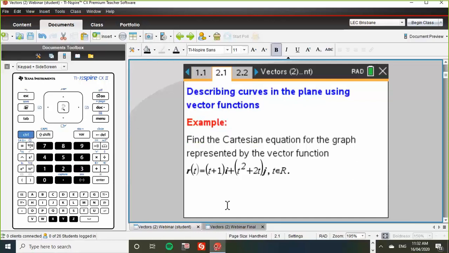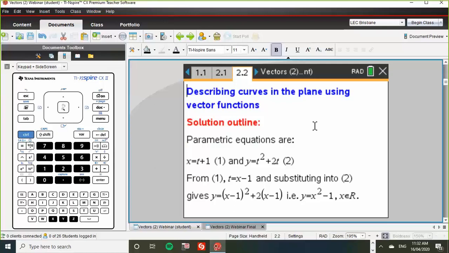Now a Cartesian equation is y in terms of x, and that can be a function or it could also be a relation. For the graph represented by the vector function r of t is t plus 1 i plus t squared plus 2t j, where t in this instance is a real number.